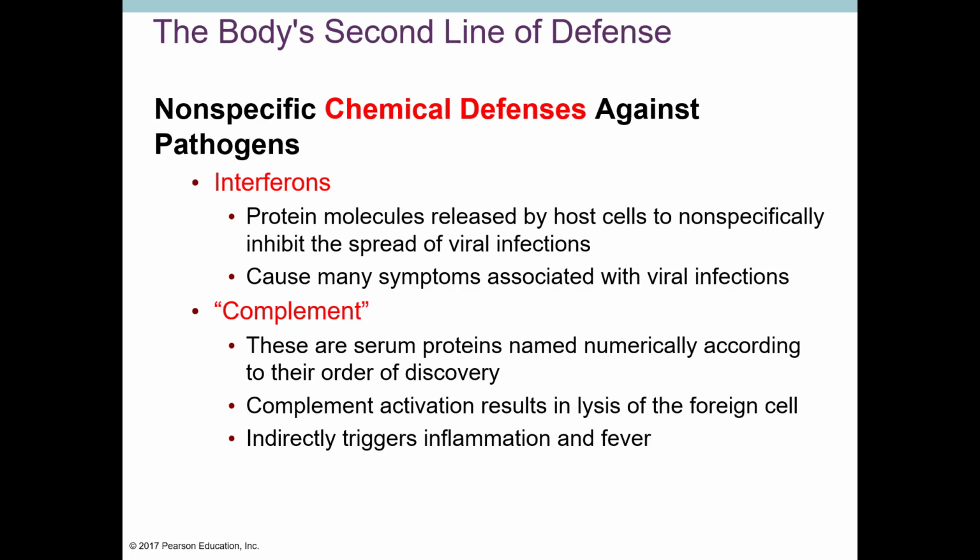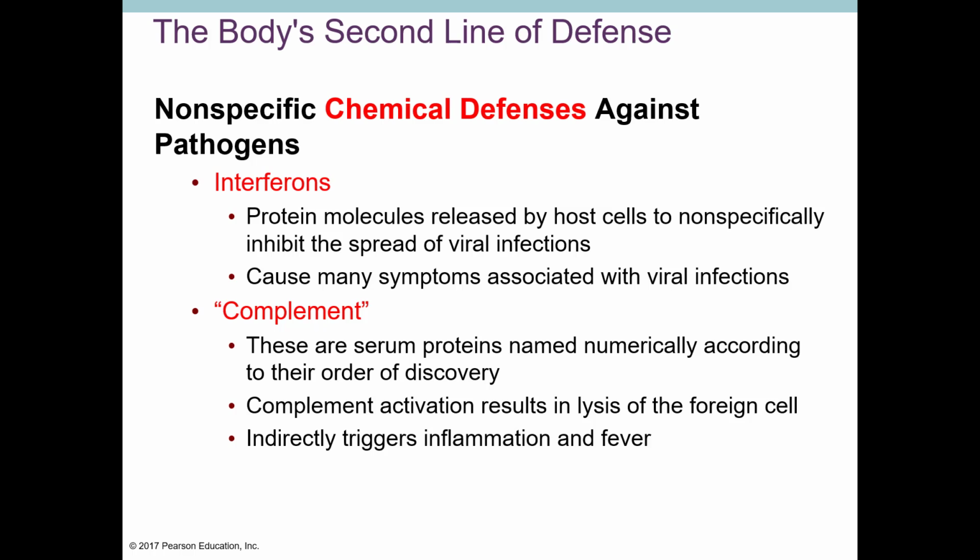One is called interferon, and interferon is specifically antiviral. So these are protein molecules released that are naturally produced antiviral chemicals. And when your body is secreting these interferons, it can cause the symptoms that most people associate with a viral infection.